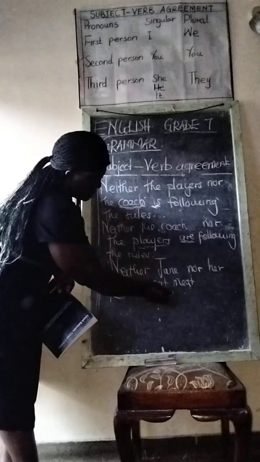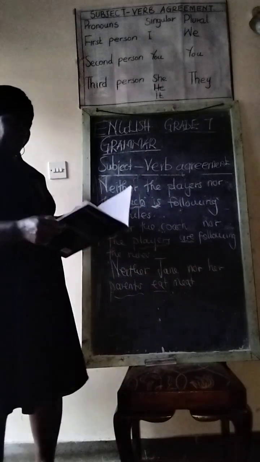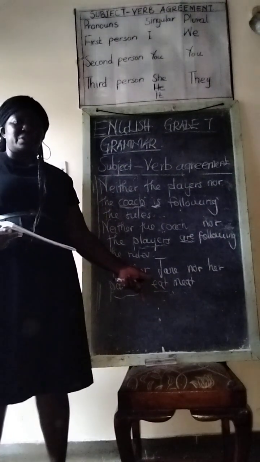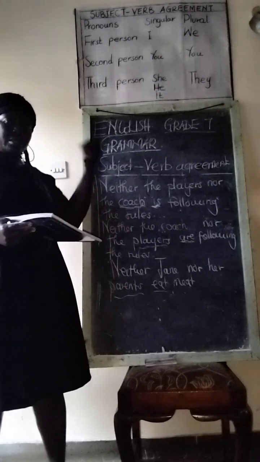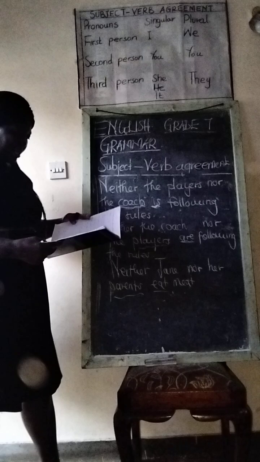Parents eat. Neither Jane nor her parents eat meat. You can give as many examples as possible so that the concept gets understood properly.